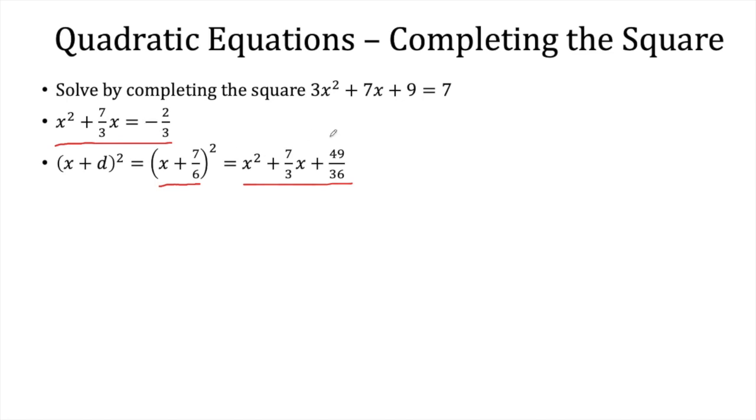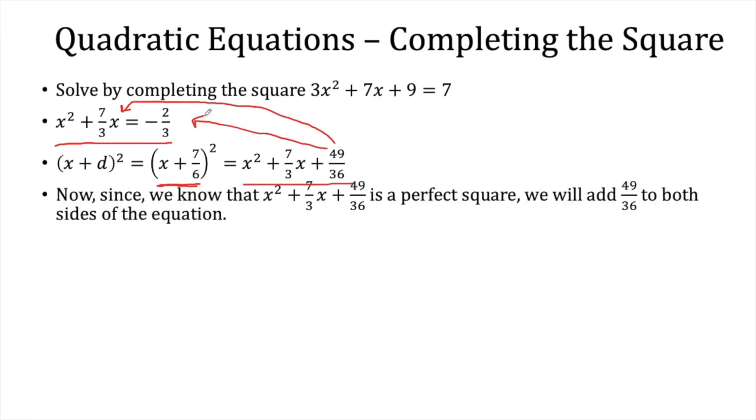And now we must just add this 49 by 36 to the left hand side of the equation in order to get this binomial term squared. But remember, when we add it to one side of the equation, we must also add it to the other side of the equation. So thus we will add 49 by 36 to both sides of our equation.